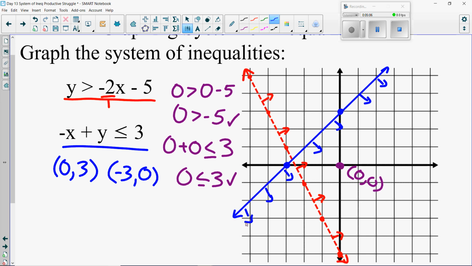Okay. Now, just like with systems of equations, with systems of inequalities, our solutions, in this case solutions, because there's an infinite number of them, is anything that makes both of these true. So it's going to be the region that we would shade in for both of these individual inequalities. Well, that is going to be this region.